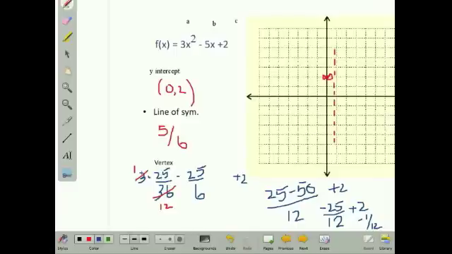And when I multiply that by 3, the 3 can cancel out the 36. 3 goes into 36 12 times, so I get 25 over 12, minus 5 times 5/6, which is 25/6, and then plus 2. I calculated that my common denominator is 12. 6 can go into 12, so I multiplied both of these by 2 to get 50.